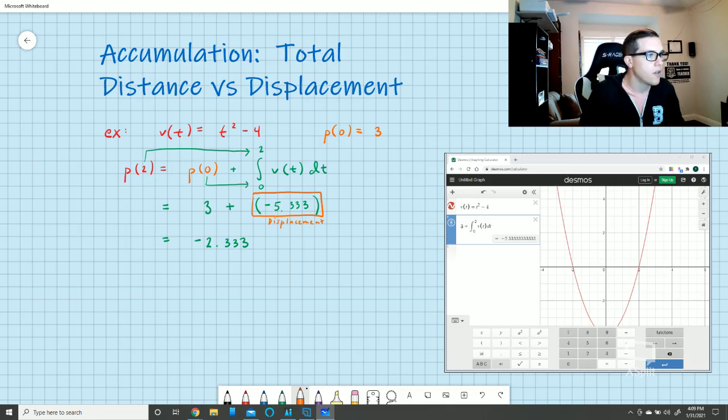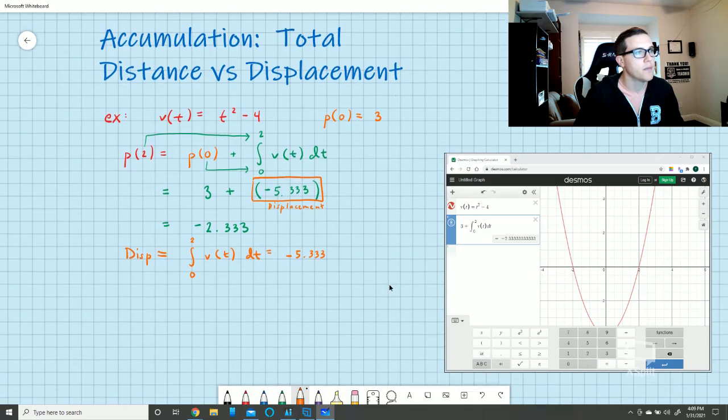So if I wanted to know the displacement from last time, the displacement is just the accumulation from where you're starting to where you're ending, 0 to 2 of your velocity. And then we just add that to the initial condition, and that gives us our ending position.